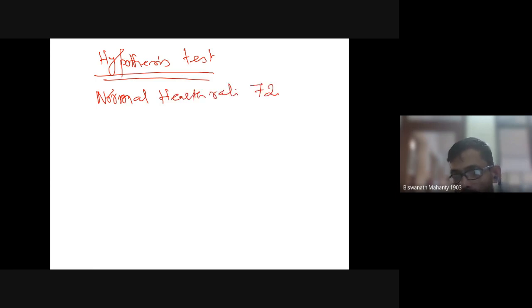We know that. And we also possibly have some information on its variance. Maybe the population values are known. This is the normal heart rate of the population.